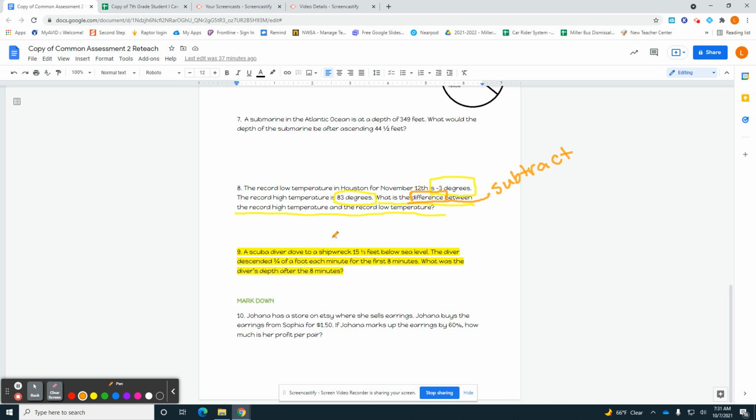Okay. So 83. I don't know why I put an 80. Sorry, because I was saying 83. Minus a negative 3 degrees. So remember, again, to follow your rules, same sign add, different sign subtract. But before you can follow these, what do you have to do with subtraction?